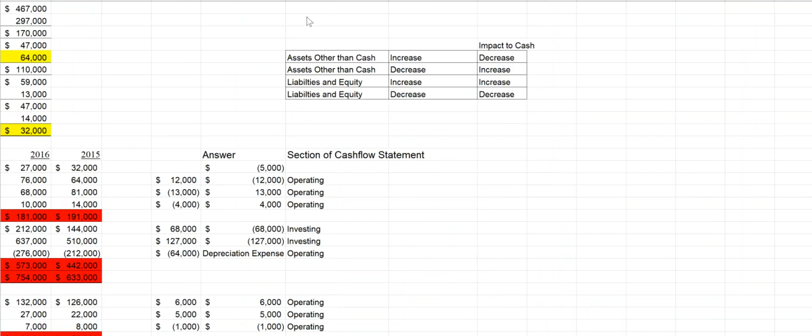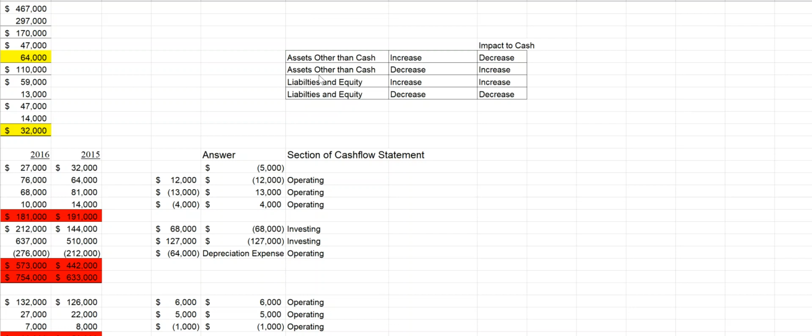When we are analyzing cash and we're looking at the impact to cash, when we take our differences, we're not looking at the difference in the account, we're looking at the impact to cash. So all of our assets other than cash, when they increase, our cash decreases. The opposite is also true.